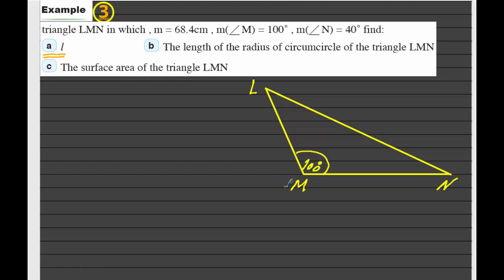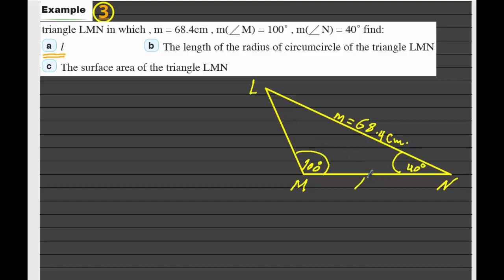The measure of angle M equals 100 degrees, and the measure of angle N equals 40 degrees. And M, here is M, equals 68.4 centimeters. To find L, where is L?